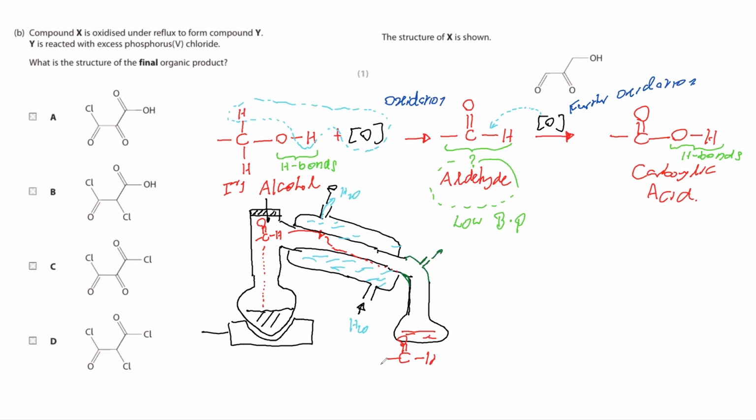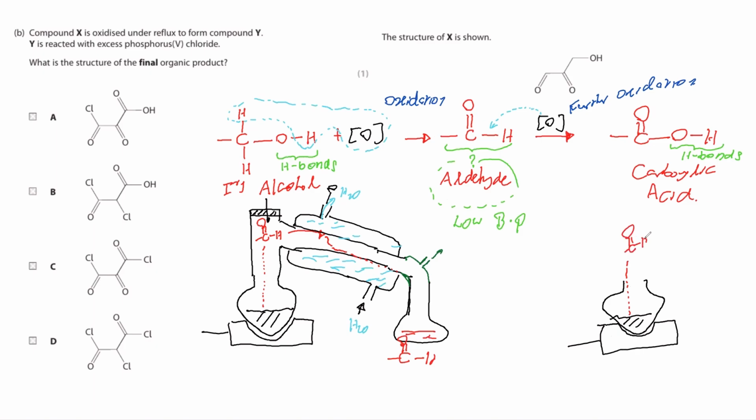Then some might say, if I want carboxylic acid, what should I do? If you want carboxylic acid, we again have the pear-shaped flask plus the reaction mixture. And now I'm going to heat this reaction mixture. When the oxidation takes place, I get the aldehyde, and I know that the aldehyde will start to evaporate because of its low boiling point.